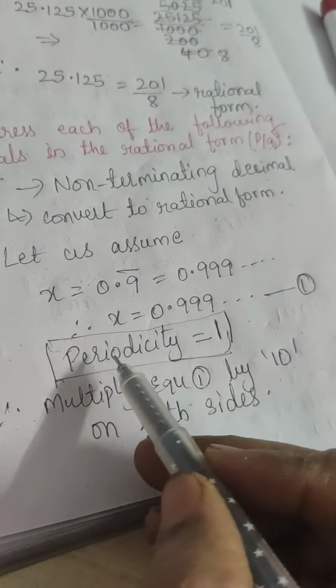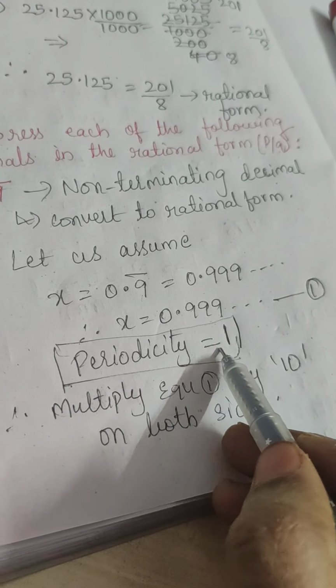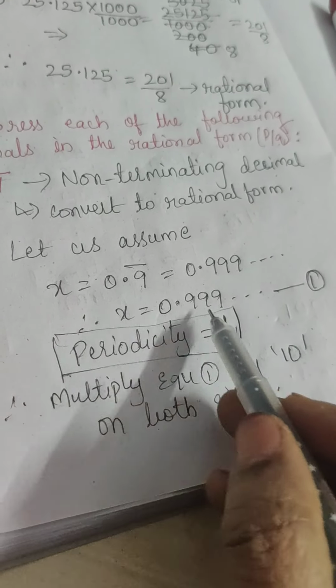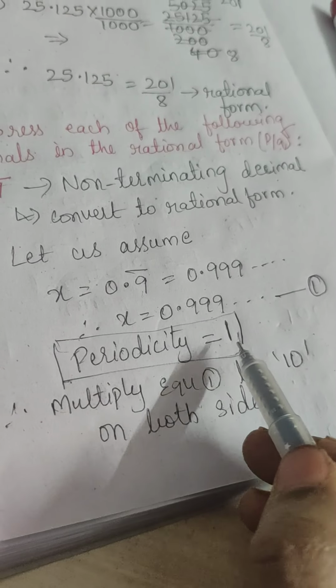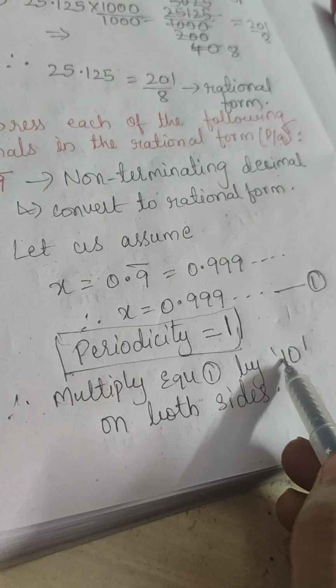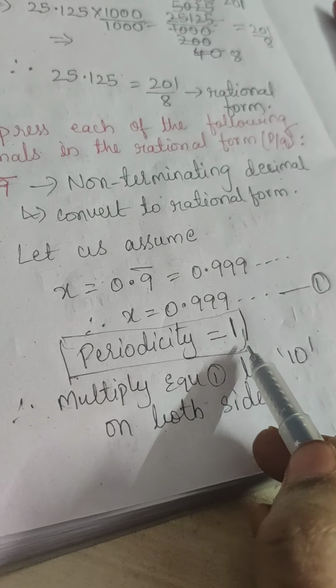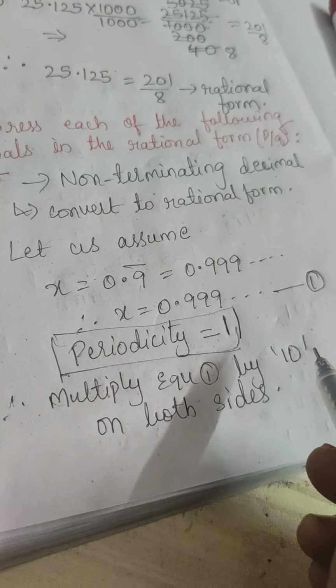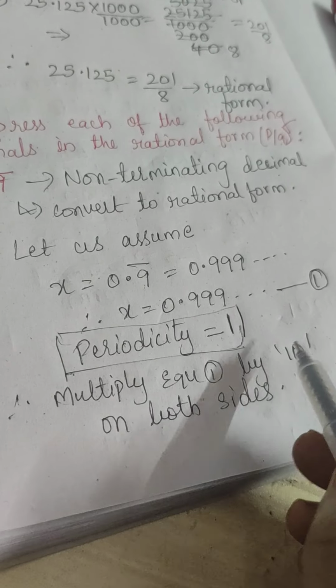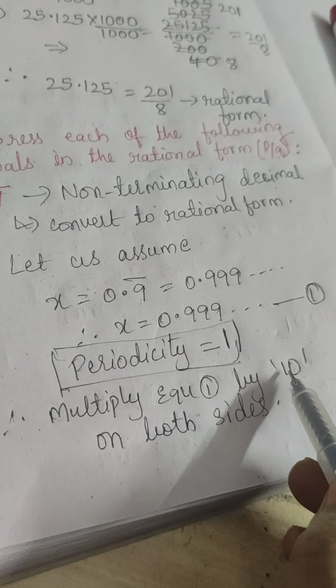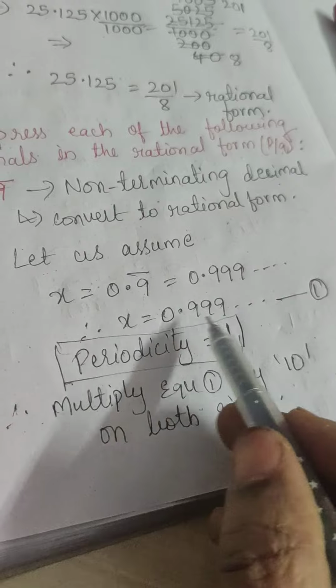If in case periodicity is 2, then we should multiply both sides by 100. If periodicity is 3, we should multiply on both sides by 1000. As periodicity goes on increasing, the value which should be multiplied will also increase. Now we multiply by 10 on both sides for equation 1.